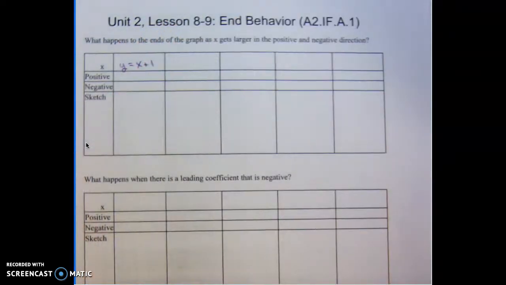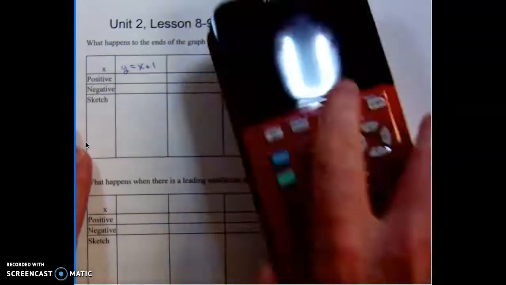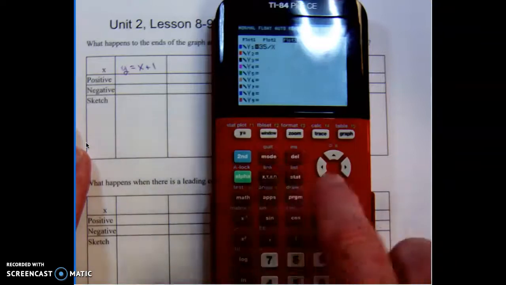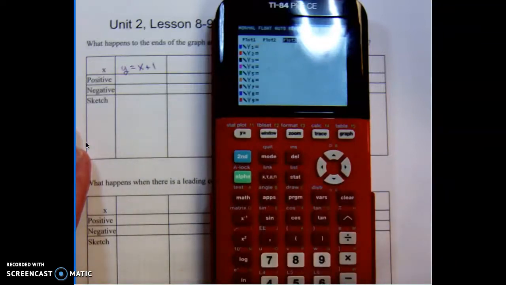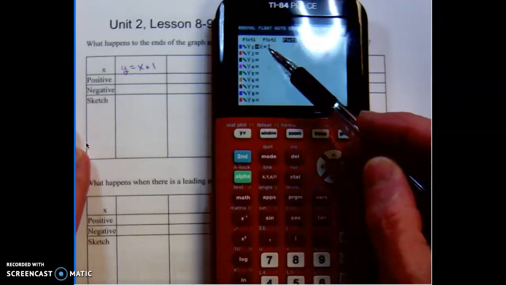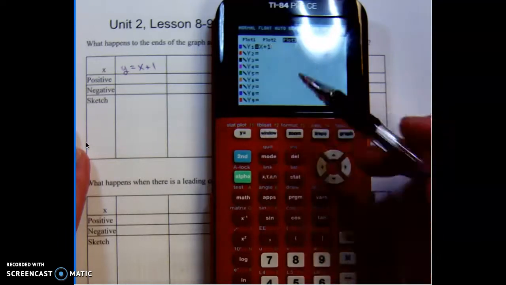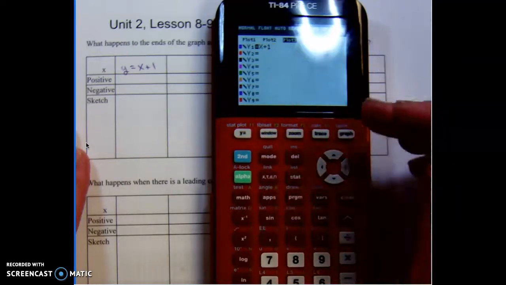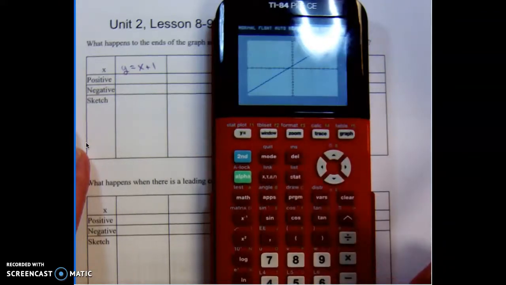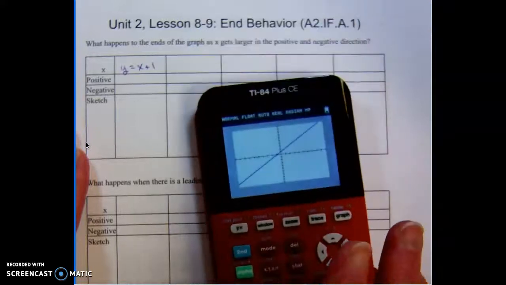Well, we know what that looks like. We've graphed that before. Okay, so y equals x plus 1. We know that that plus 1 is called our y-intercept. So if x is 0, y is 1. So it's going to cross at 1 on the y-axis. And we've seen that graph before. That's an Algebra 1 kind of thing.